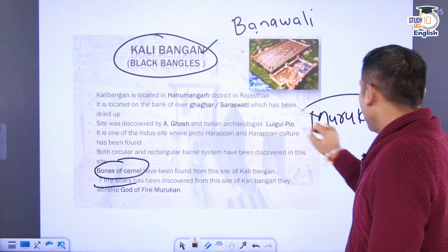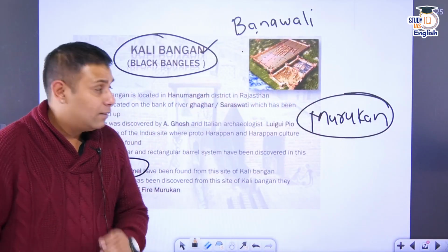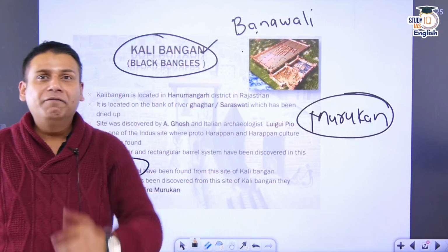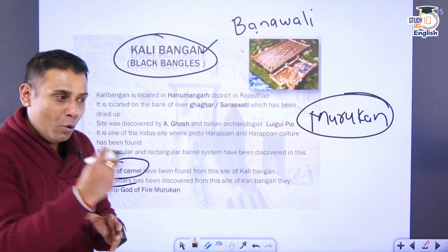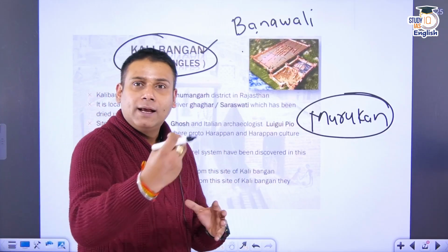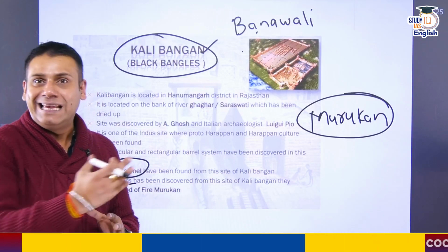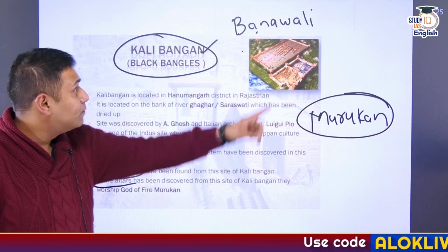I repeat, Murugan. Murugan is Lord Kartikeya. This is Murugan, fire god. Another striking feature of Kalibangan: before sowing the seeds, particularly related to agricultural activities, the fields were ploughed. And the same feature was observed in Banavali.